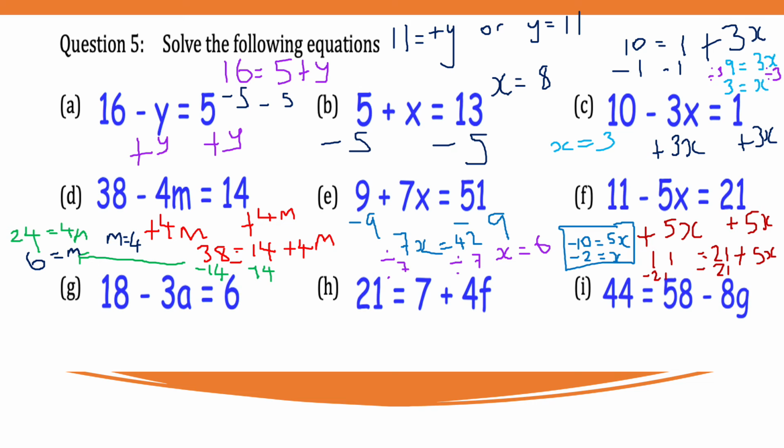Part G, 18 minus 3a is equal to 6. Well, adding 3a to both sides, okay, because we want to get a positive a on one side. So we get 18 is equal to 6 plus 3a.